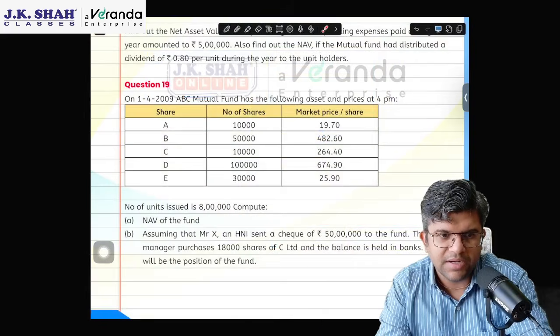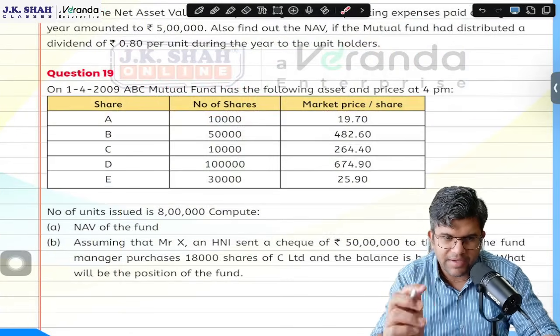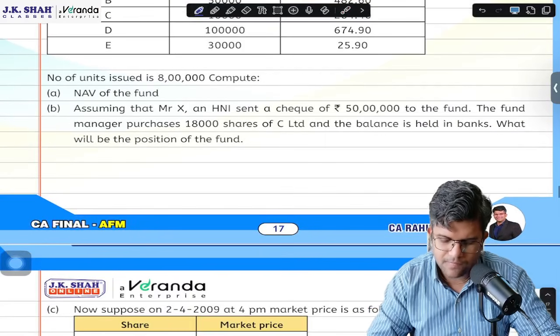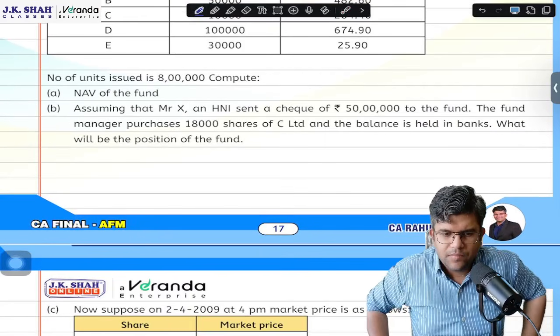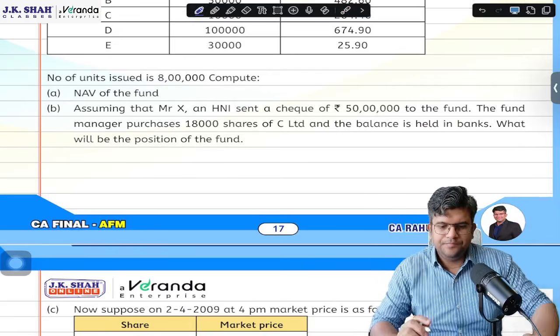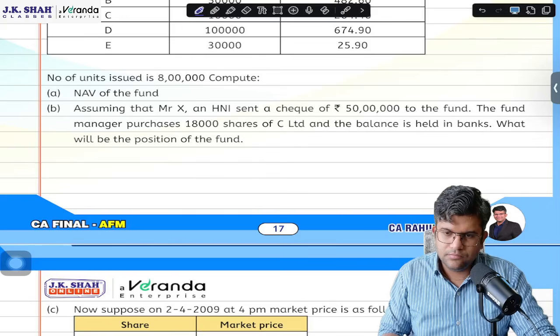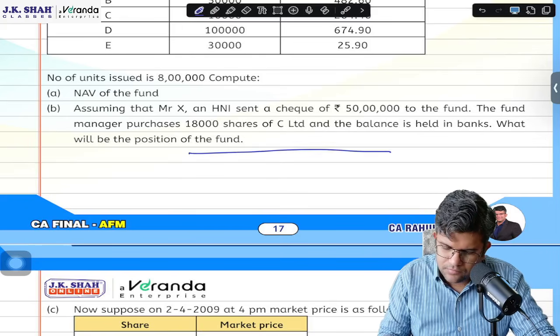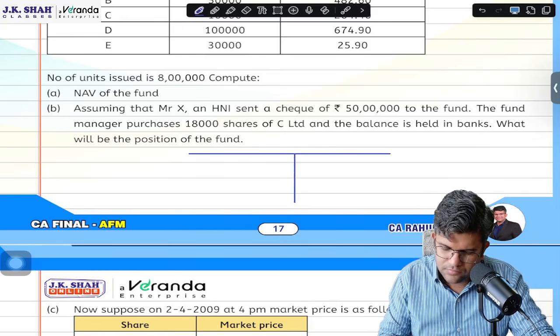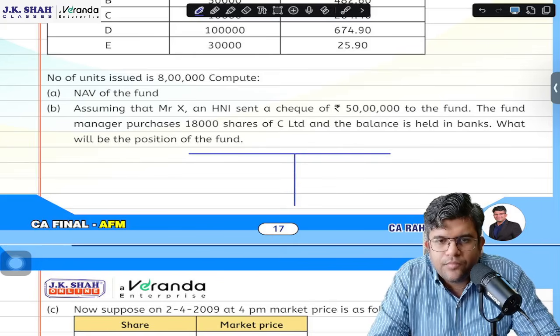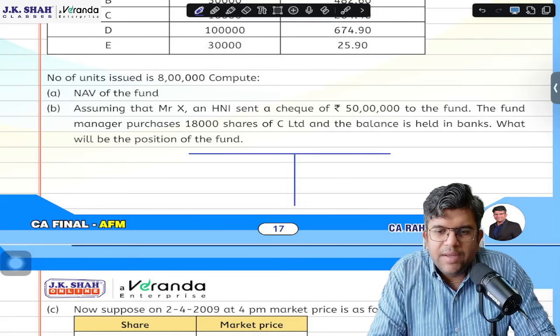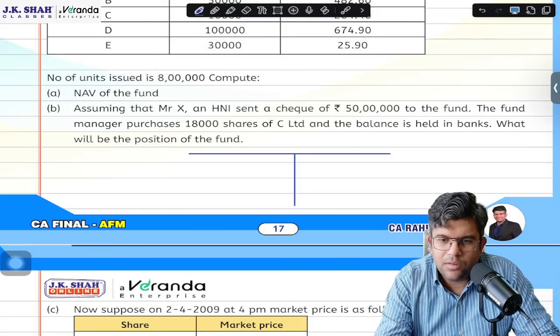Now comes a tricky thing. Everyone read point B carefully. Once you're done reading point B, type B on chat box.